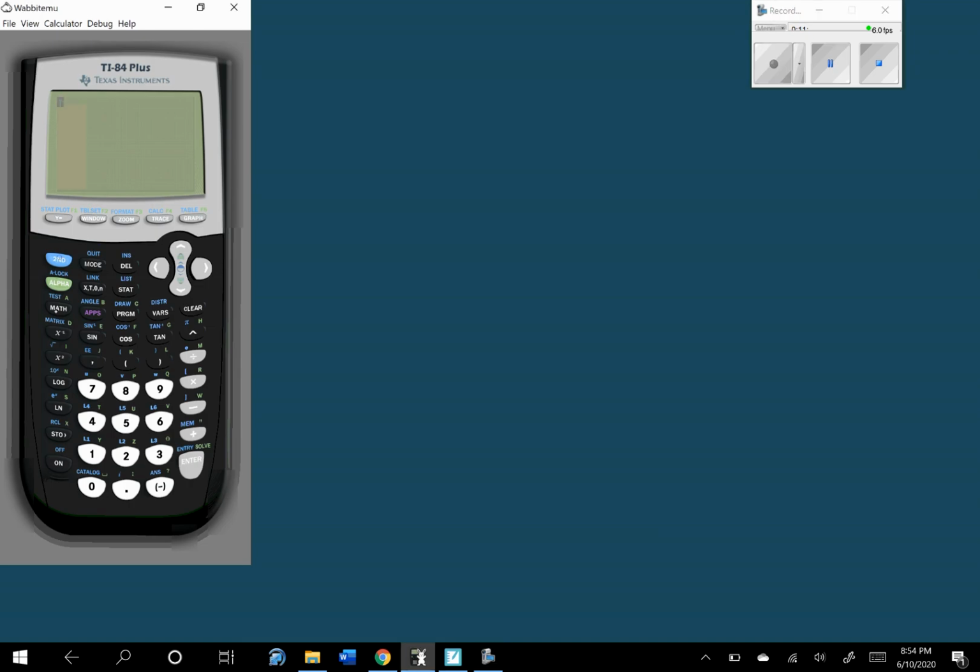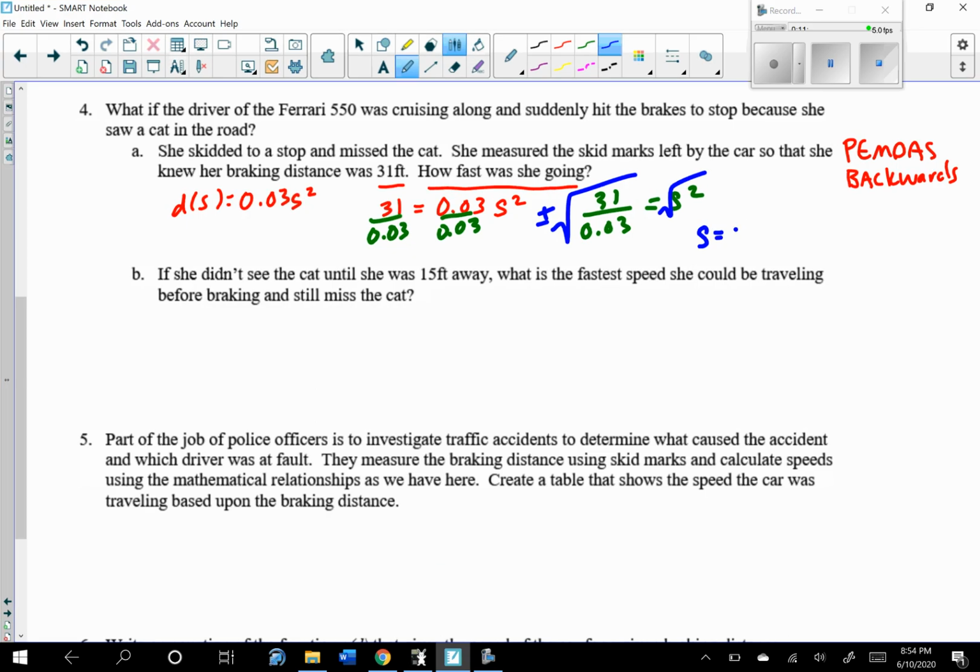So I'm going to do this square root first, and then use parentheses, and we have 31 divided by 0.03, and enter, and I get 32.15. And remember this is miles per hour because we were finding the speed.